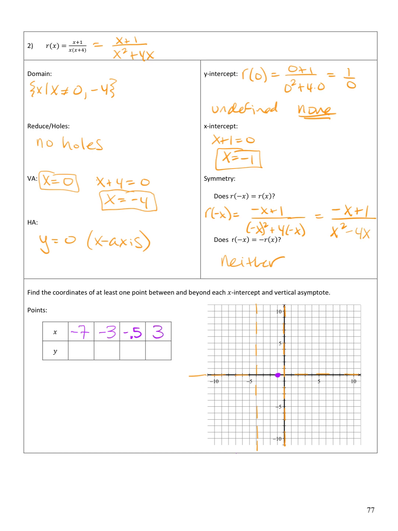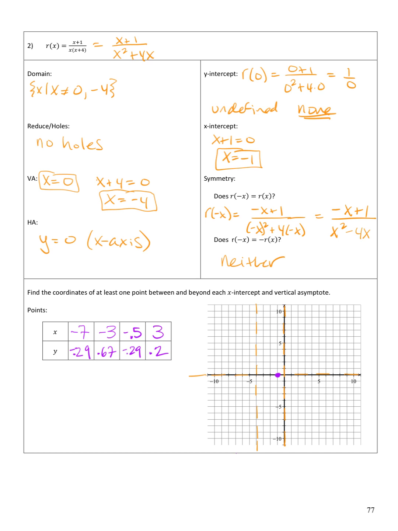Okay, so I had a calculator calculate each of these for me. I get negative 0.29. And then for negative 3, I have 0.67. Negative 1/2, I have negative 0.29 again. And then 3, I get 0.19. Maybe we'll just call that 0.2. Okay, so I'm going to plot these points. I have negative 7, negative 0.29.